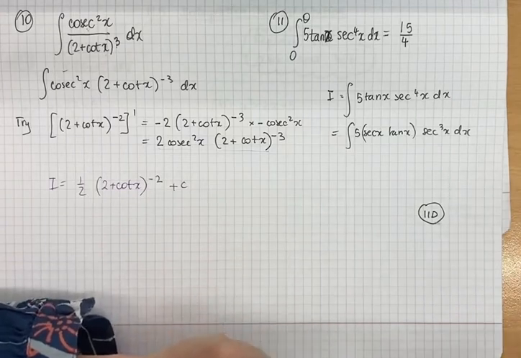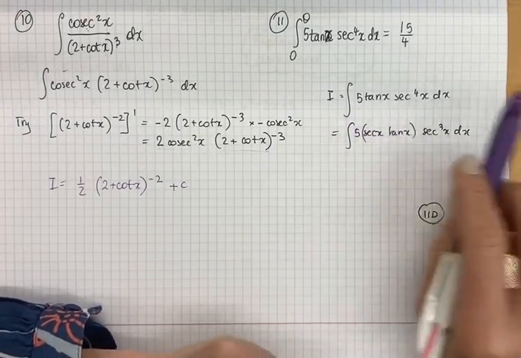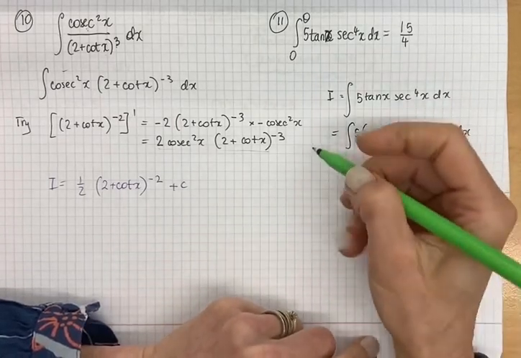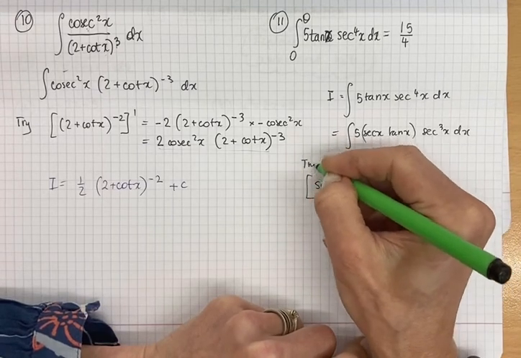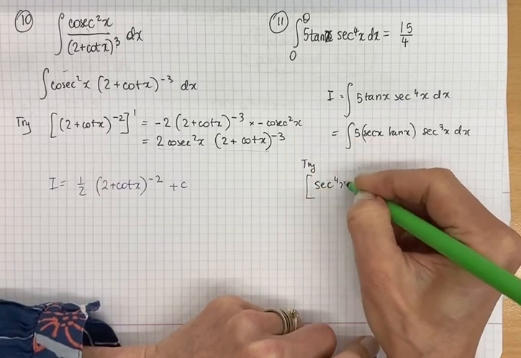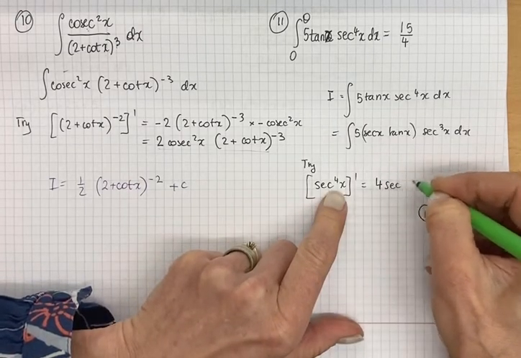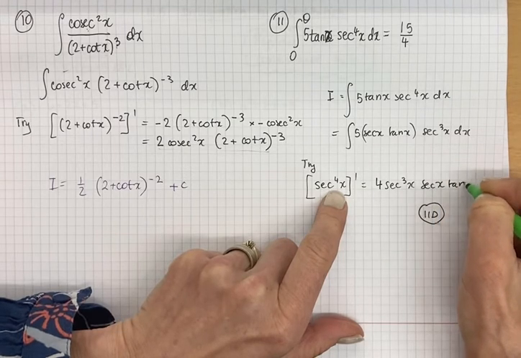So now you need to think, what should I try to differentiate to obtain this result? Well, let's just simply add 1 to the power of sec. So let's try sec to the power of 4x. So that will go to 4 sec to the power of 3x, and then sec x tan x.